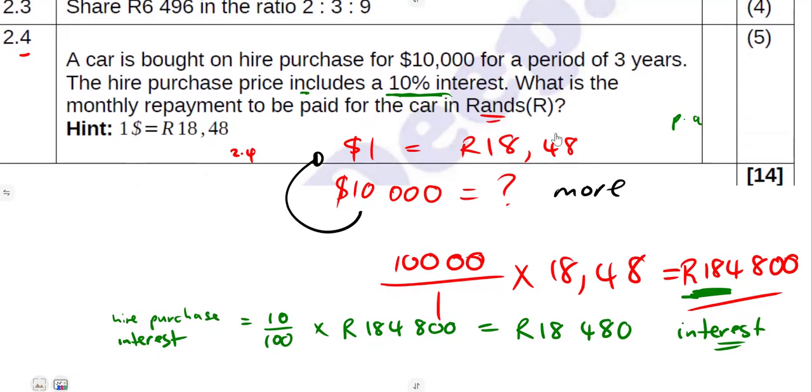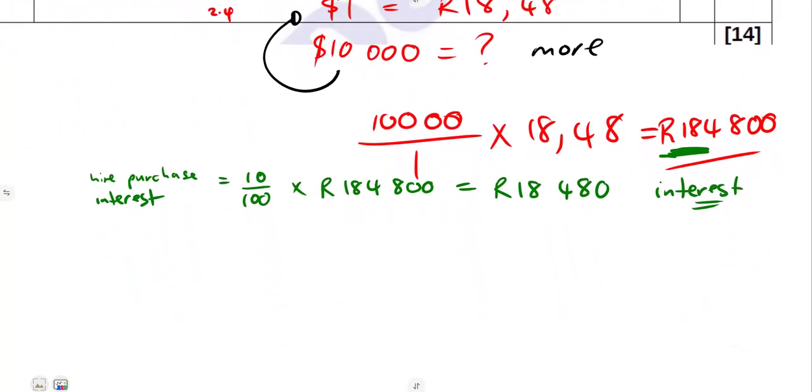All right. So here they want the monthly repayment. When you pay, you must pay the cost of the car and the interest combined because you bought on a hire purchase. So there is an interest, though it's not a simple interest because you're not given this per annum.